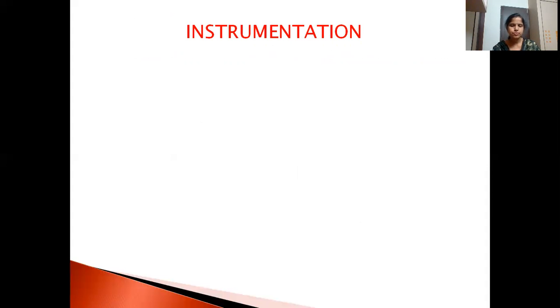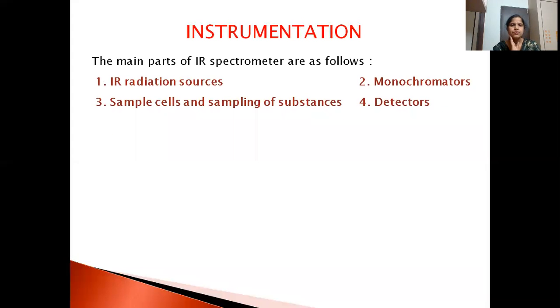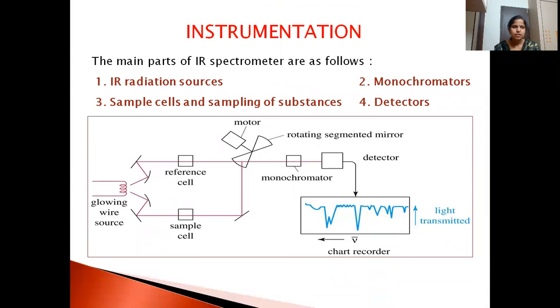Now we'll see the instrumentation part: how the spectra are recorded and what the different parts of the IR spectrophotometer are. The main parts are IR radiation sources, monochromators, sample cells and sampling of substances, and detectors. This is the block diagram of the various parts of an IR spectrometer.